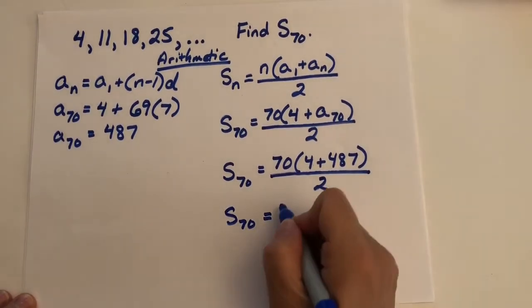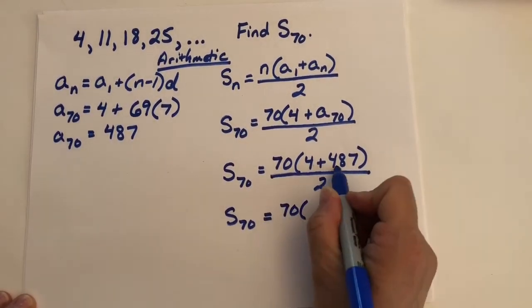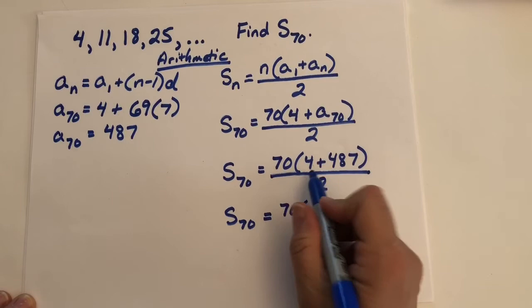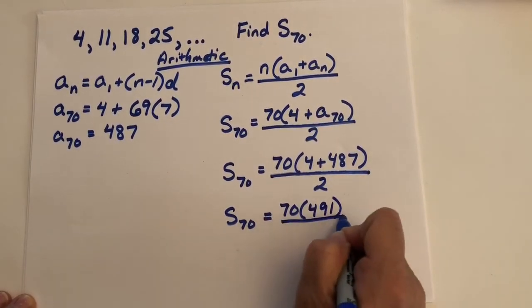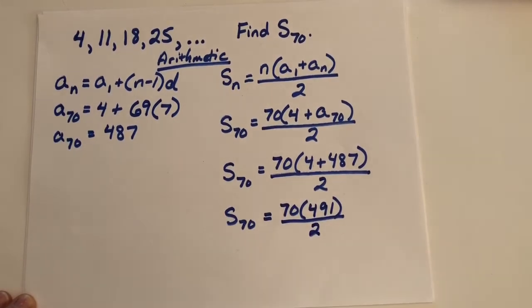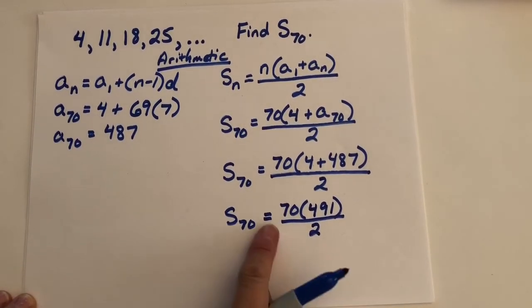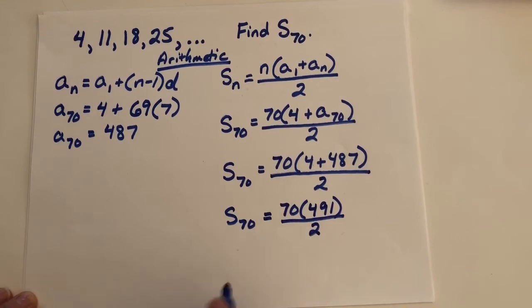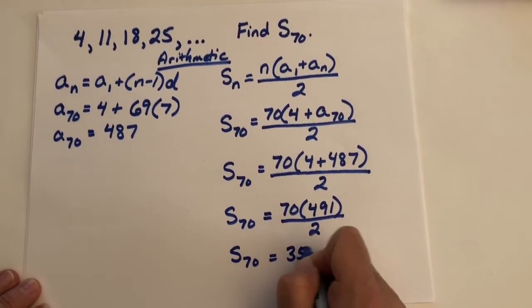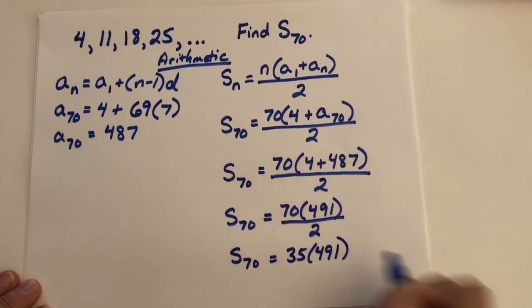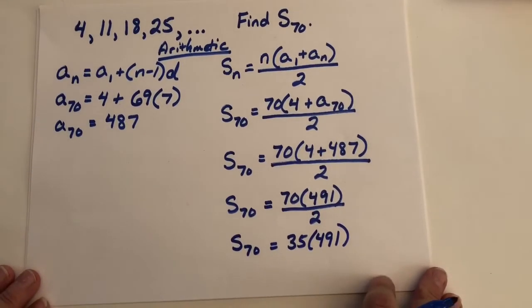So I have 70 times, let's add those together, 487 plus 4 is 491, divided by 2. Sometimes I do even a little bit more before I grab a calculator. The 2 goes into the 70 evenly. And so that's 35 times 491, but you don't need to. You can just grab your calculator and throw these numbers in.